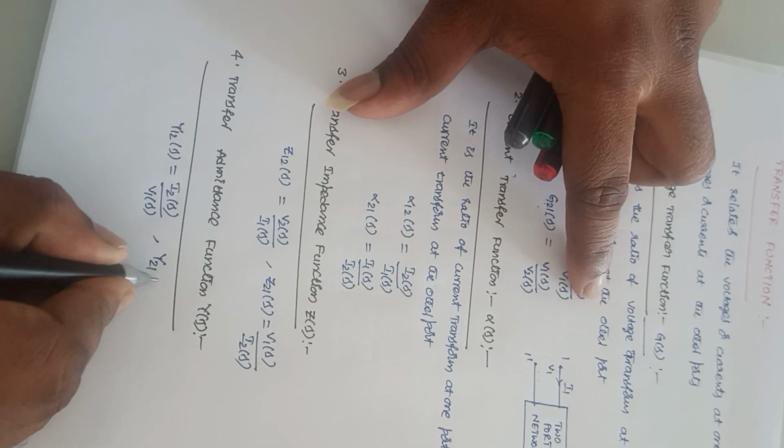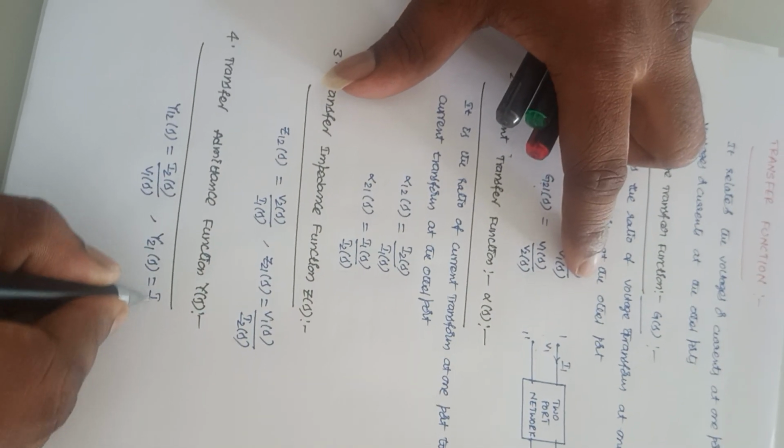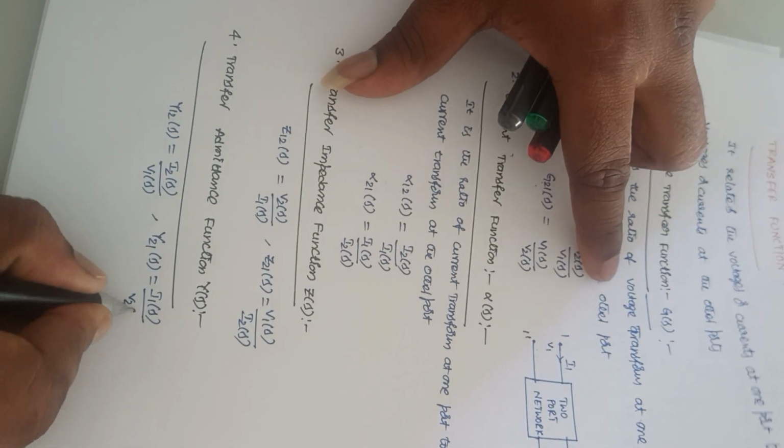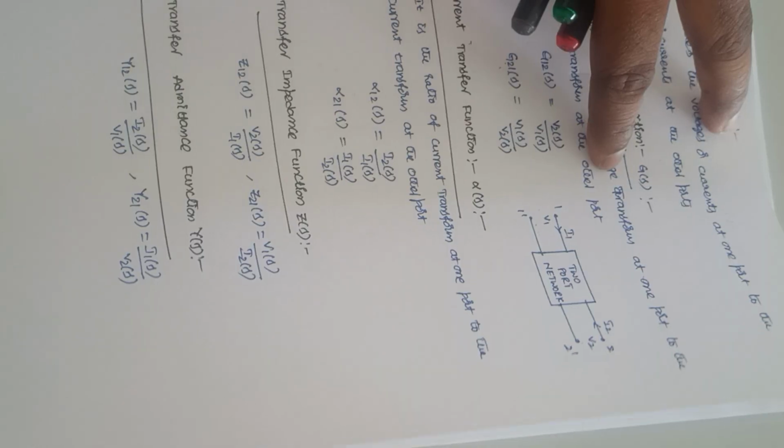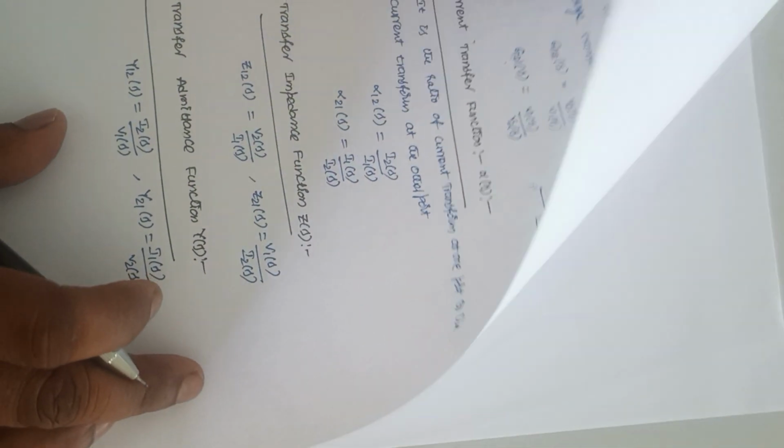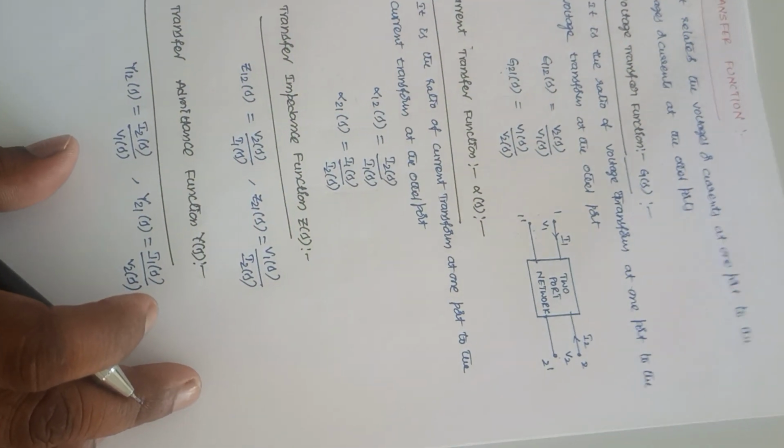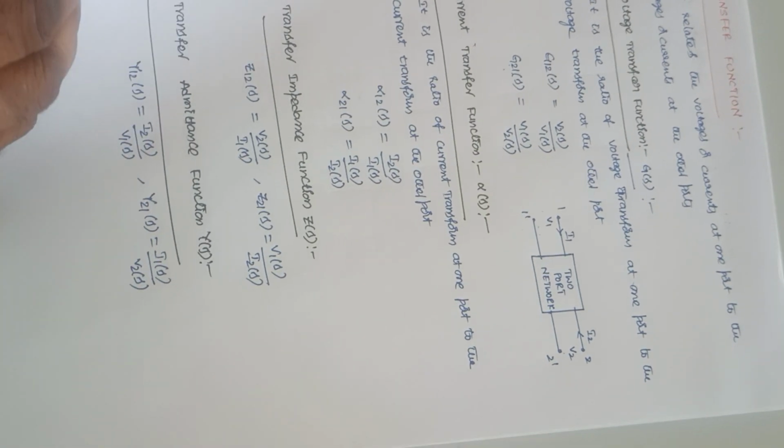So Y21 of S is equal to I1 of S divided by V2 of S. This is the concept of driving point function and transfer functions. So let me solve some of the problems on these driving point functions and transfer functions.